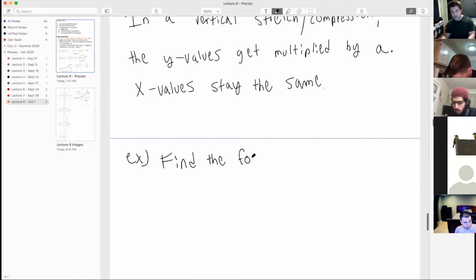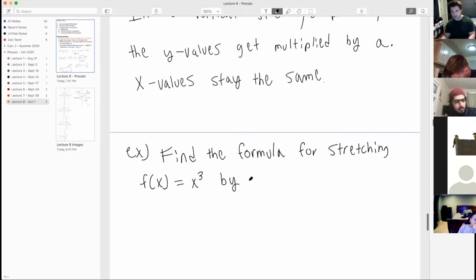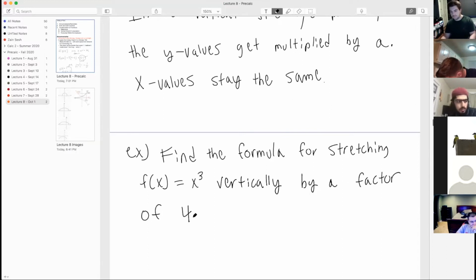Find the formula for stretching f of x equals x cubed vertically by a factor of 4 and shifting down 2 units.